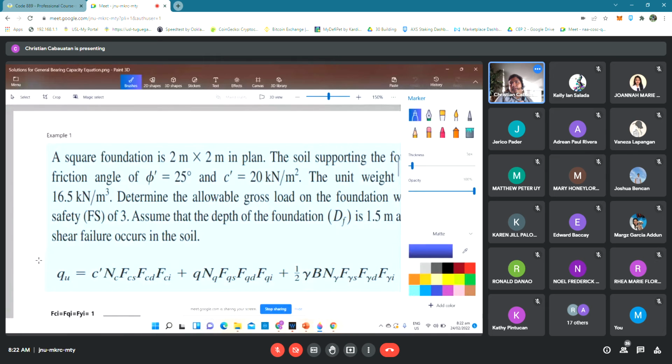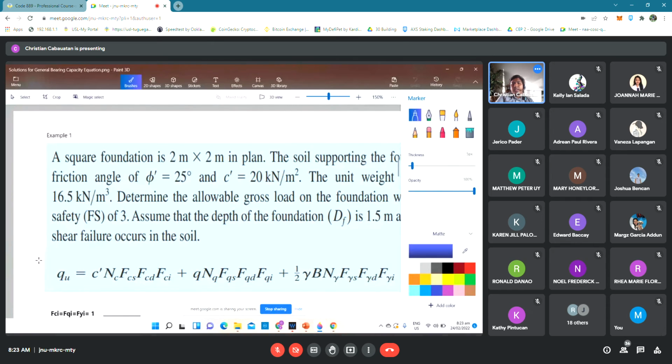We got FCI, FQI, and F gamma I because what is the I there? It is the inclination factor, right?